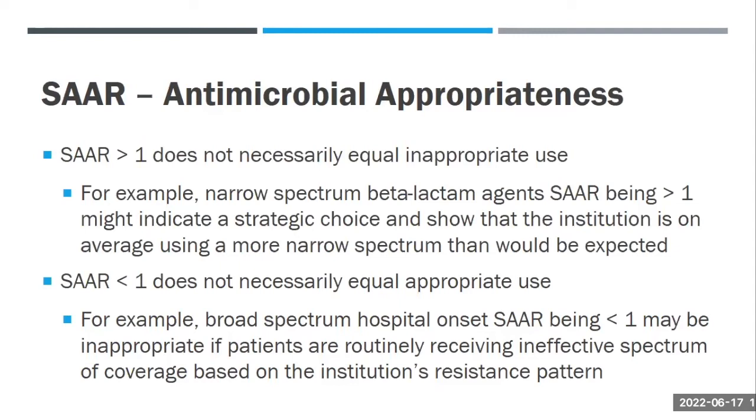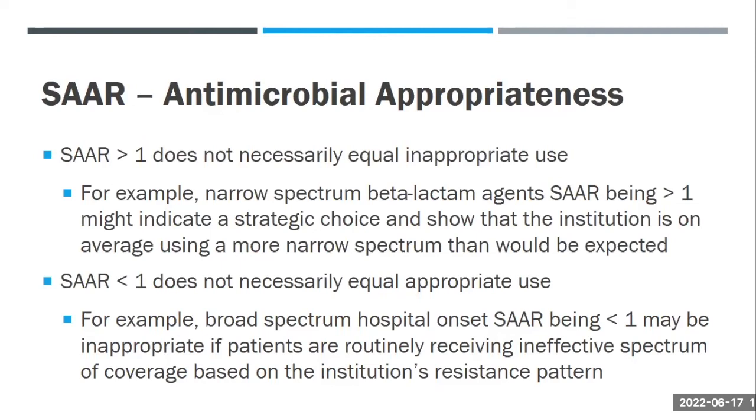Now, on the other side, just because your SAAR is less than 1 does not mean that you're using antibiotics appropriately. For example, let's say your broad spectrum hospital onset SAAR is less than 1. This may be inappropriate if the reason your use is less than expected is that patients are routinely receiving ineffective spectrum of coverage based on your institution's resistance patterns. Maybe you're a site with a significant population of repeat readmissions, getting lots of antibiotics.